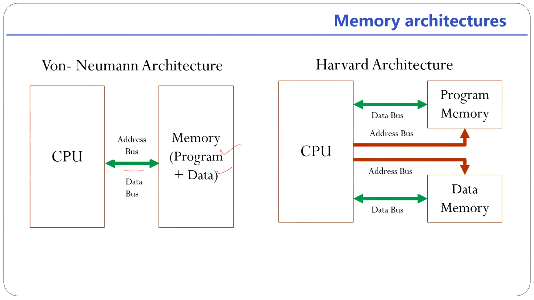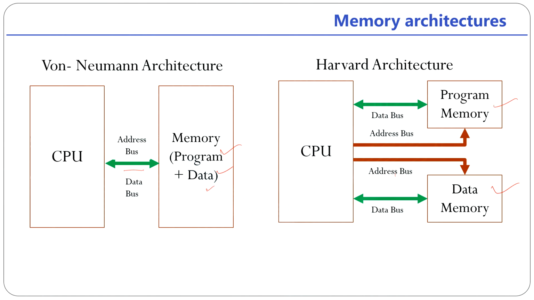This bus can be used as an address bus as well as a data bus. To access the program or instruction, the same bus is used. To access the data also, the same bus is used. But in the case of Harvard architecture, separate program memory and separate data memory are provided, and separate buses are also provided for accessing the program and for accessing the data.